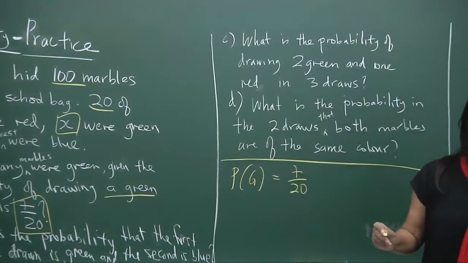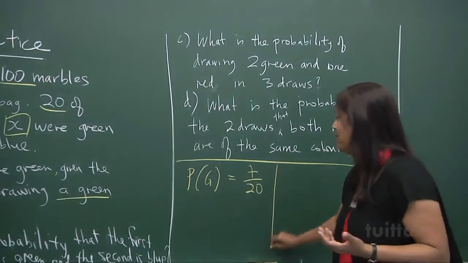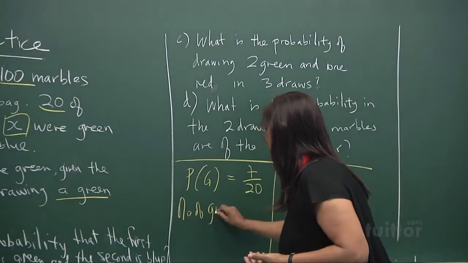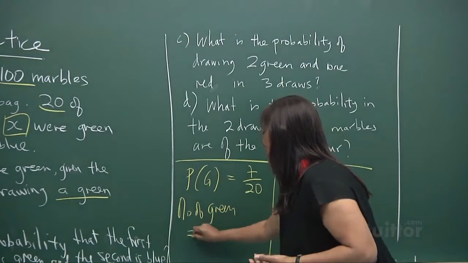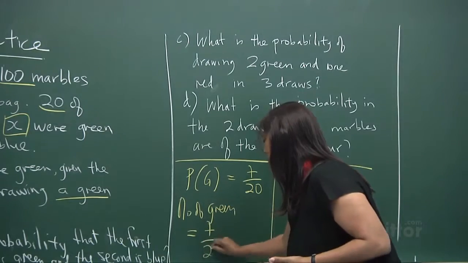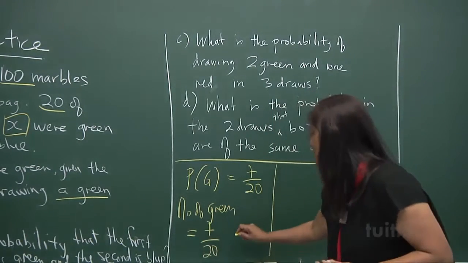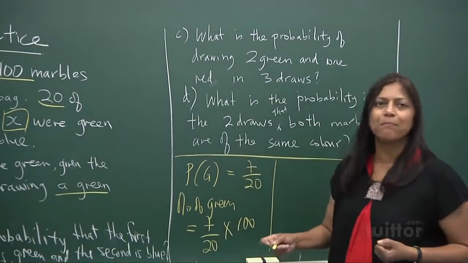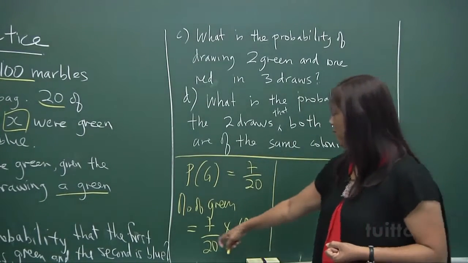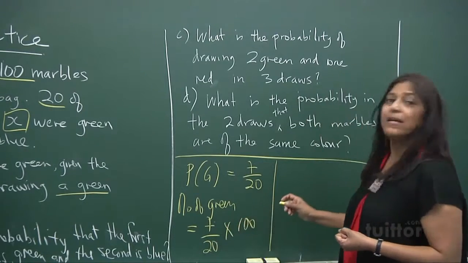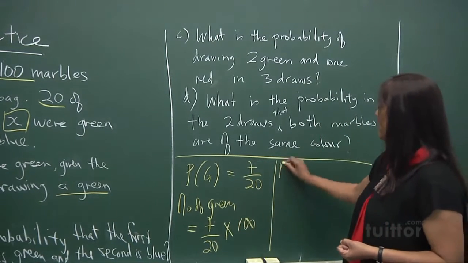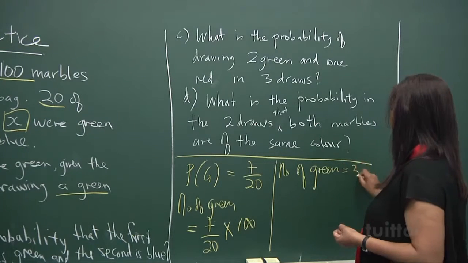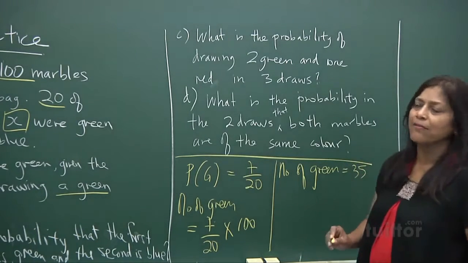So you want to find out how many green there are. So the number of green marbles is actually 7/20th of 100 marbles, right? There are 20 units. You divide 100 by 20, and you multiply by 7. So you get a 5 there. 5 times 7 is 35. So the number of green marbles is 35.